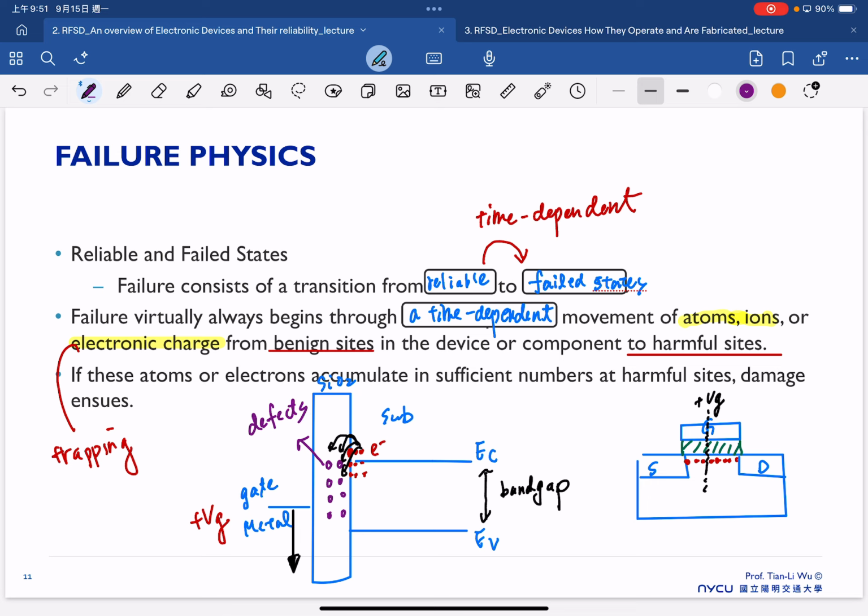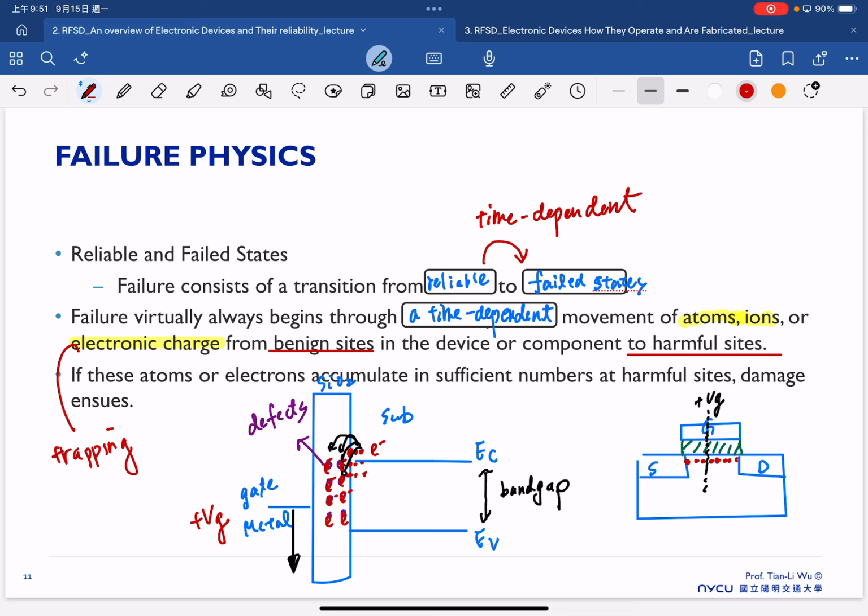So once the positive gate bias is applied, the electron will be injected into the dielectric, and because we have a non-perfect dielectric with lots of defects inside, we can expect these negative electrons will be captured by these defects, right?